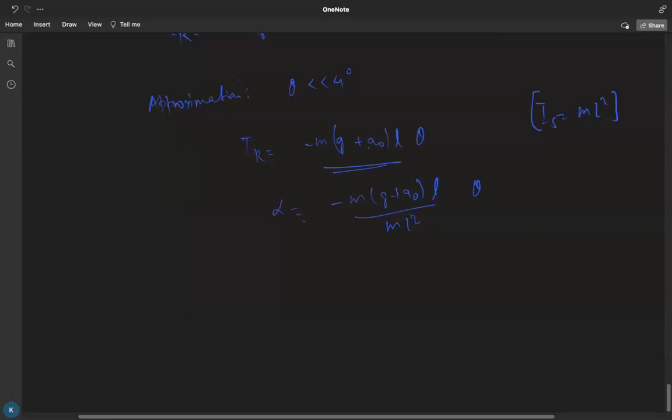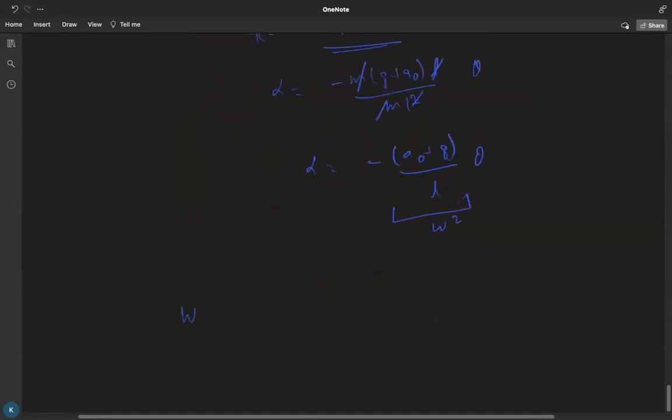So here we get the relation between angular acceleration and angular displacement. Simplifying, alpha is equal to minus (a naught plus g) by L into theta. So this is our omega square, and omega is equal to root under (a naught plus g) by L.